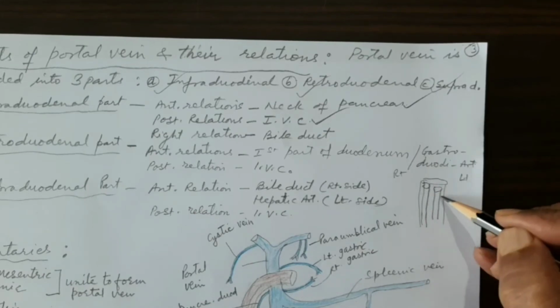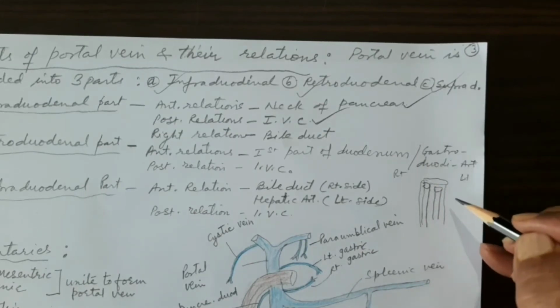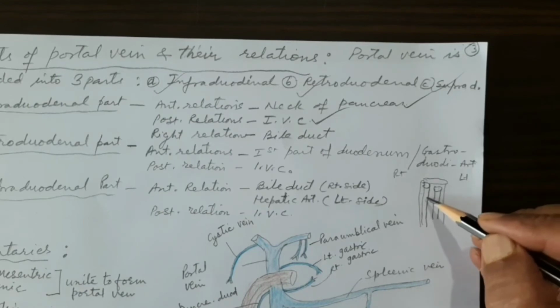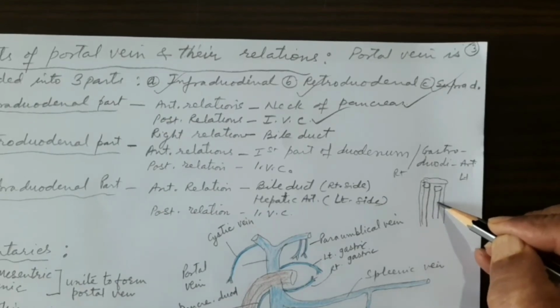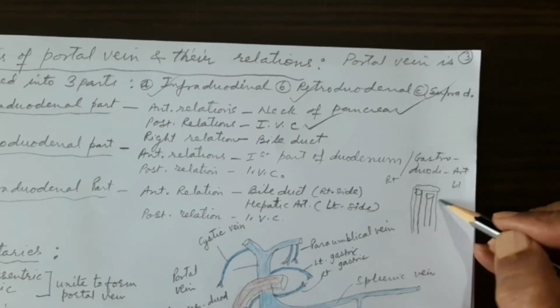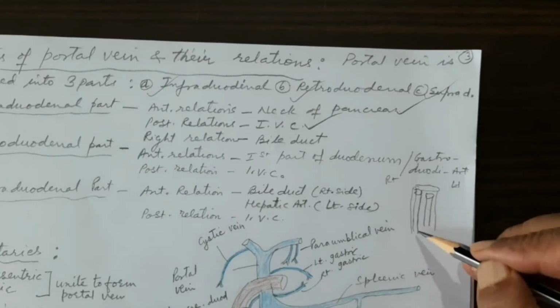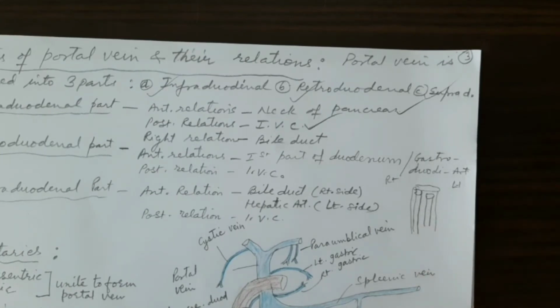So they are just lying anterior to the portal vein. This is the portal vein, this is the bile duct, and this is the hepatic artery, which is on the left side of the bile duct. So these are the two anterior relations, the bile duct and the hepatic artery.